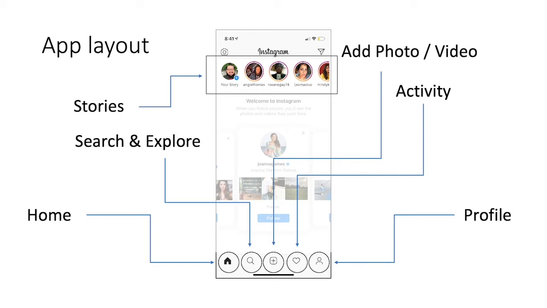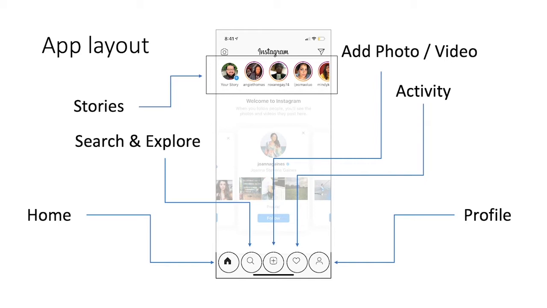Next to the home button, you'll see the search and explore, which is designated by the magnifying glass. In the search and explore section, you'll be able to search for celebrities as well as look for friends and family. When you start using Instagram, it will give you all the popular images and photos across Instagram.